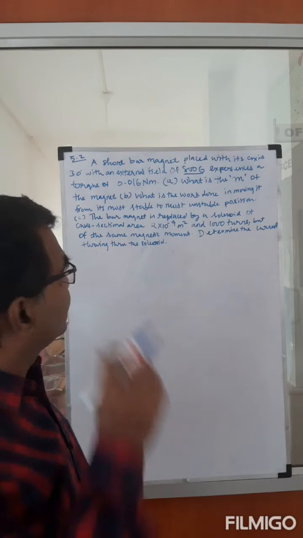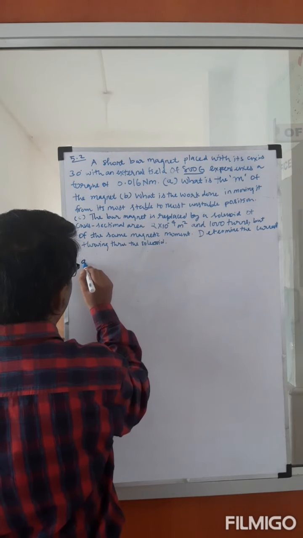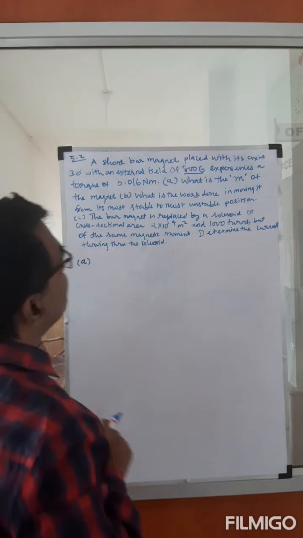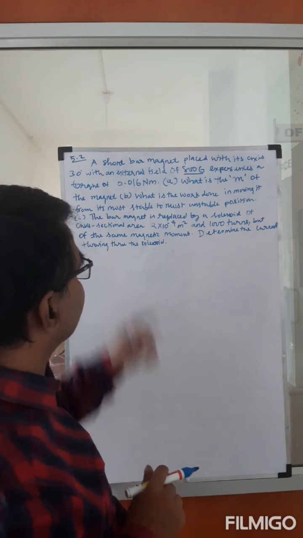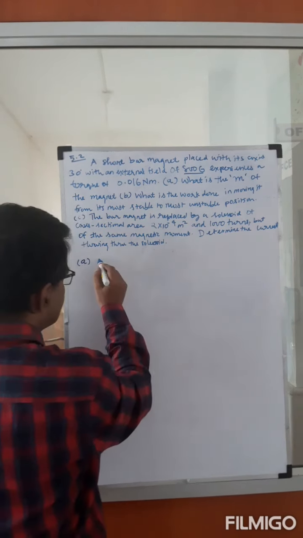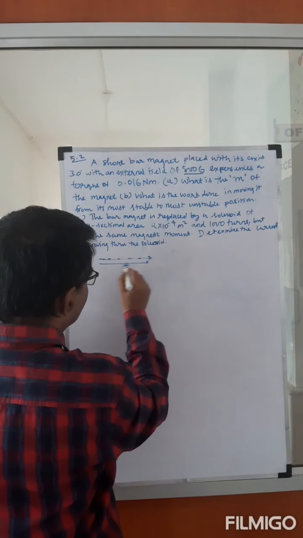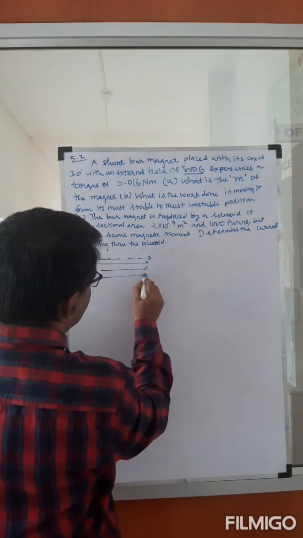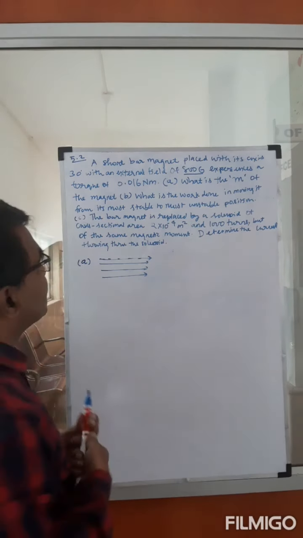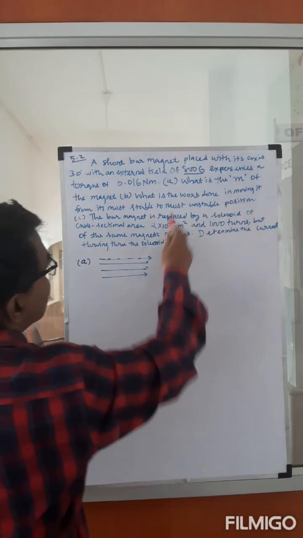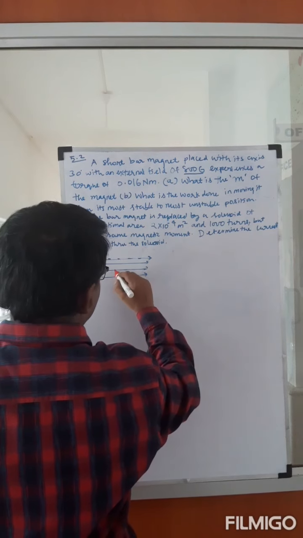So we'll take the first part, A. What is the magnetic moment M of the magnet? First of all, there is an external field, draw it like that. And in that field, you have a short bar magnet, making an angle of 30 degrees with the field.